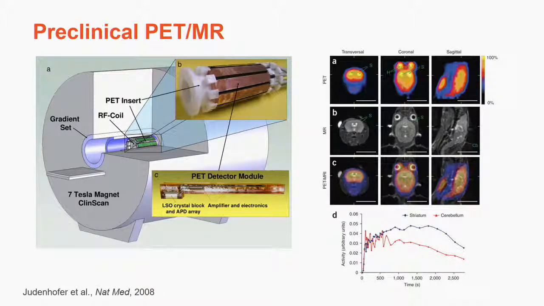Of course, we also have the capability to do multimodality imaging, and there's been a huge focus on that over the last 10 years or so. For the brain, PET-MR is particularly interesting and useful. So we now have the availability of commercial PET-MR systems for small animals that allow us to do simultaneous imaging and really make the best use of complementary information from both of these modalities.